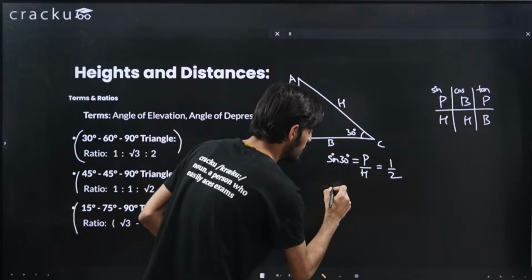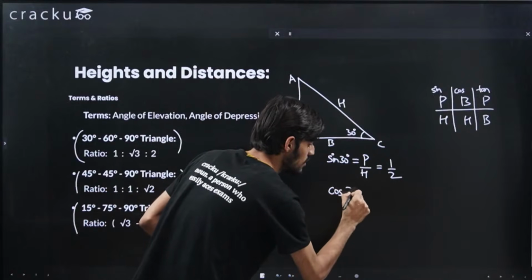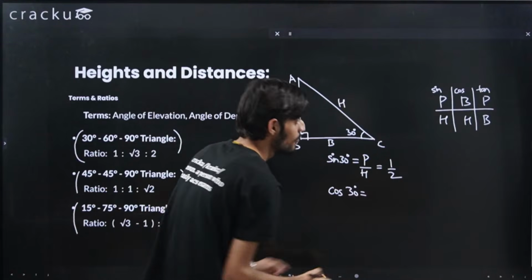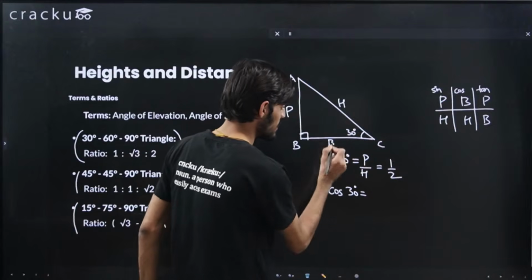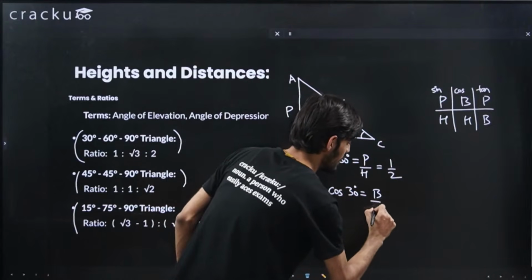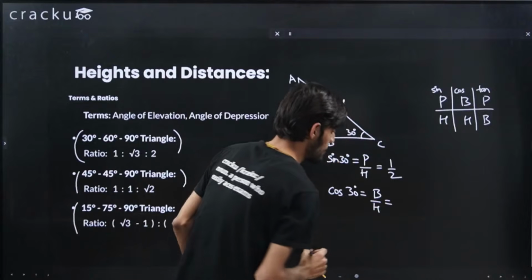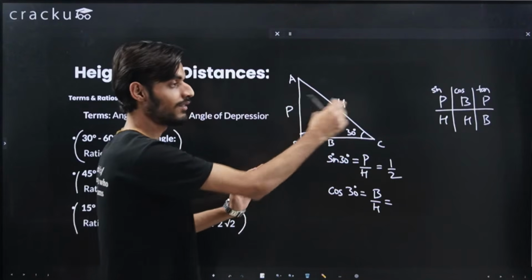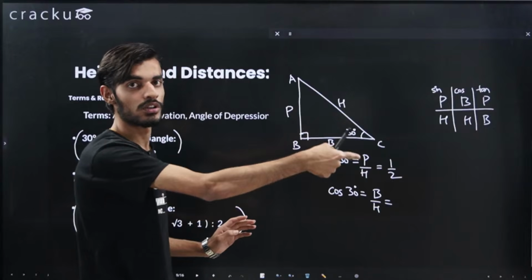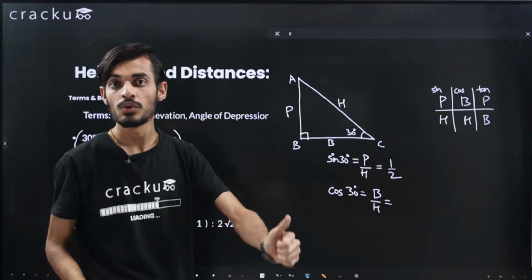Okay. Same way we can write for cos also. So cos 30 will be equal to base upon hypotenuse. Base is this, base divided by hypotenuse. Okay, and cos 30 is just in the reverse order because sine 60 is root 3 by 2. So cos 30 will also be equal to root 3 by 2.